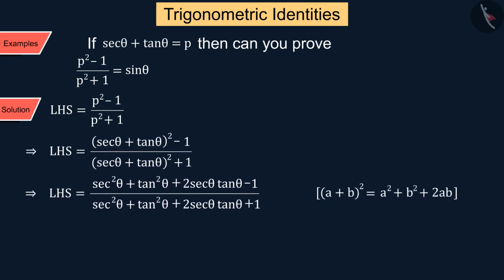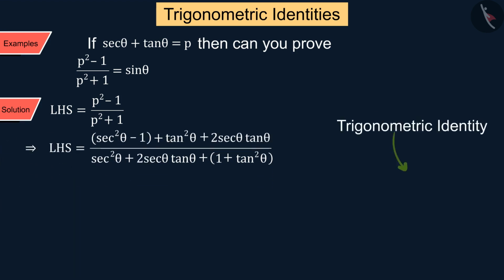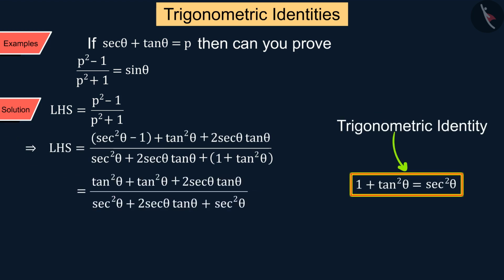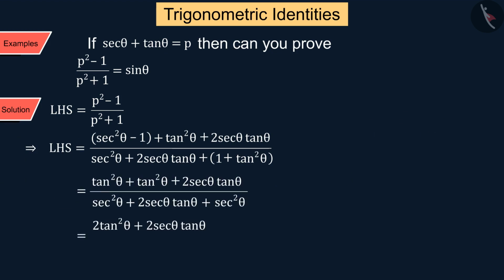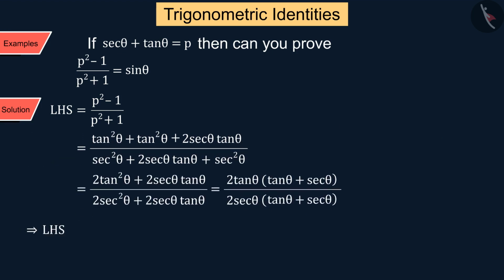from which we get the following equation, which we write as follows. And in this equation, using the trigonometric identity 1 plus tan square theta equal to sec square theta, after solving, we obtain tan theta upon sec theta.